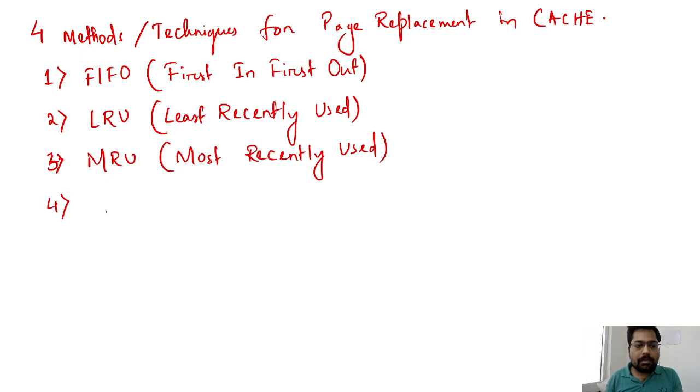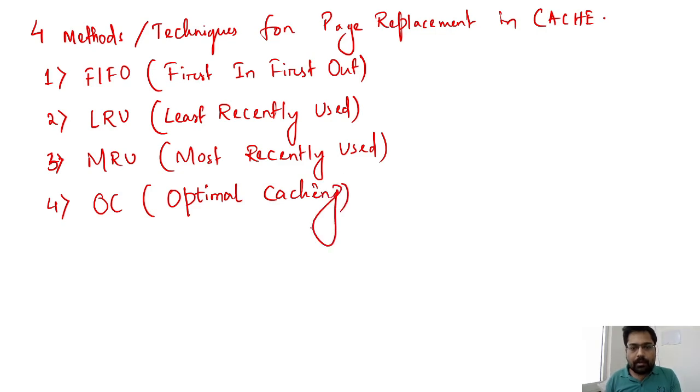The fourth one is optimal caching. I'm just calling it OC, optimal caching. Or you can say it's optimal cache replacement. Better I say it is the optimal cache replacement technique.